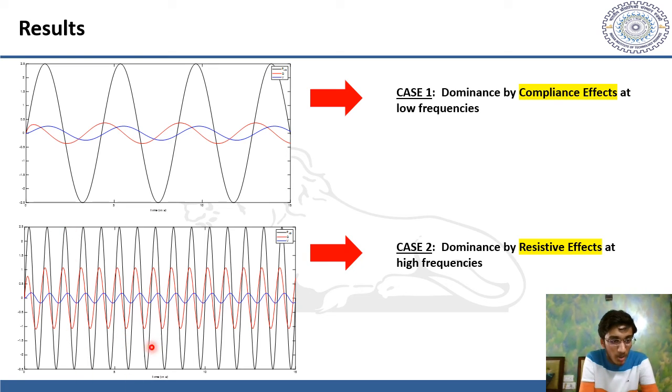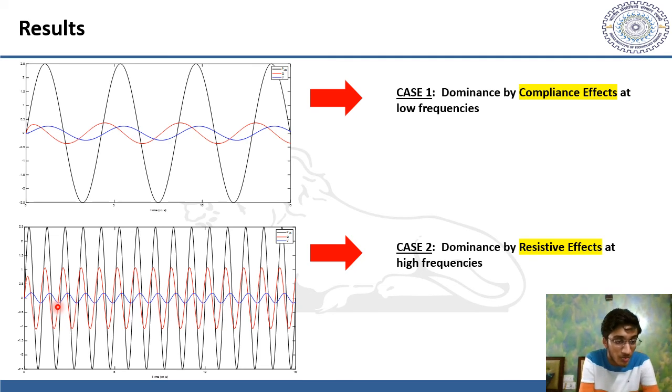And now, this Q waveform, the red waveform, is more or less in phase with the PAO waveform, the black waveform, while the volume waveform, the blue waveform, now displays a significant lag in phase as compared to the PAO or black waveform.